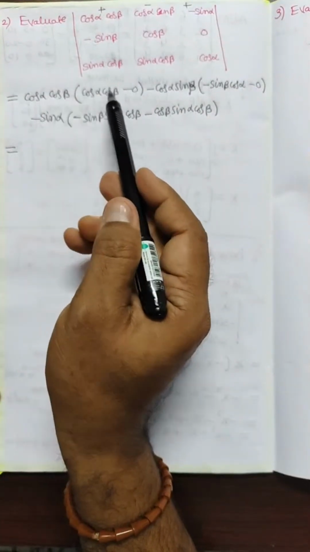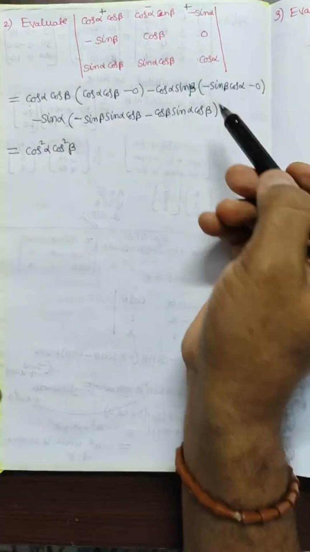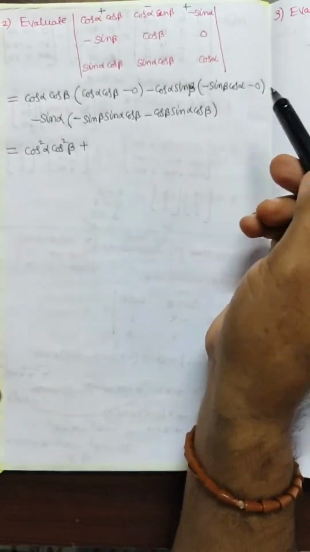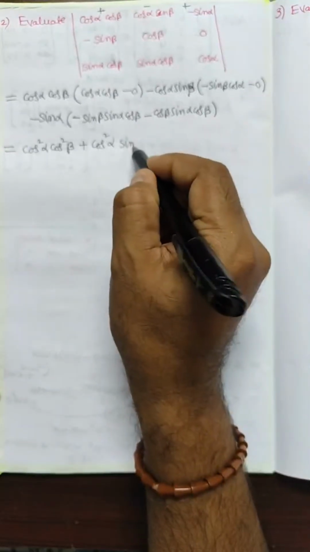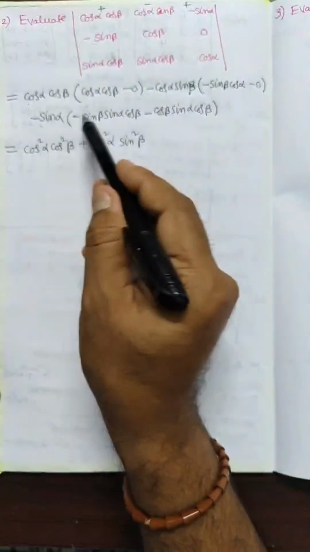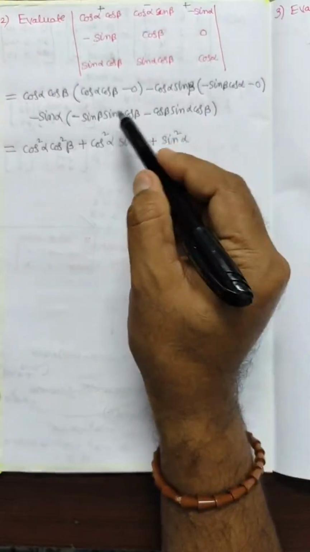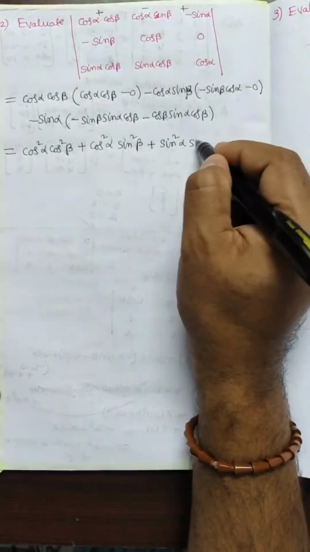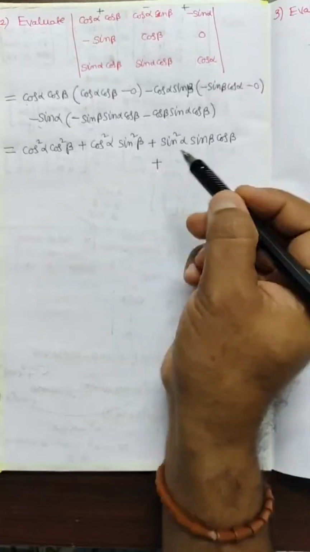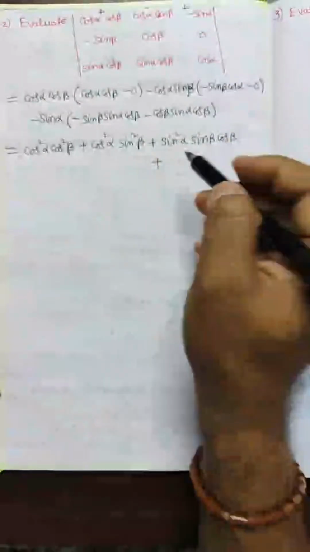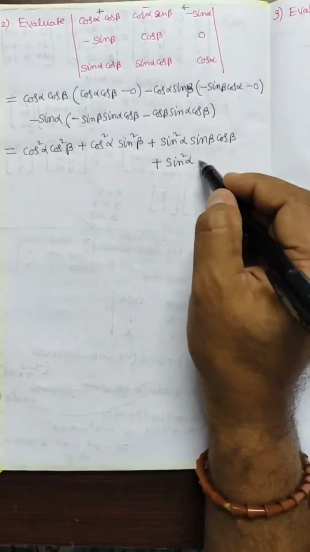So cos alpha cos beta into cos alpha cos beta, cos square alpha into cos square beta; minus into minus is plus, cos square alpha into sin square beta. Next, minus into minus is plus, sin square alpha sin beta; plus minus into minus is plus, sin square alpha into cos square beta also.